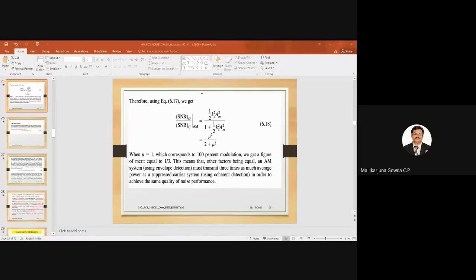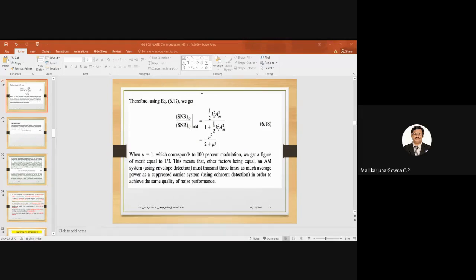The figure of merit will be equal to 1 for which receiver? Is it DSBSC receiver or AM receiver? DSBSC receiver, sir. DSBSC receiver, right?